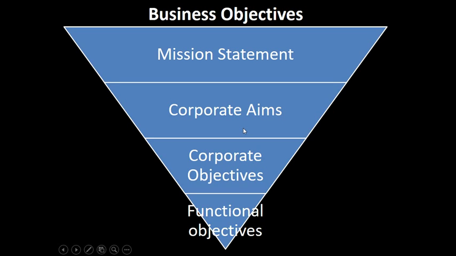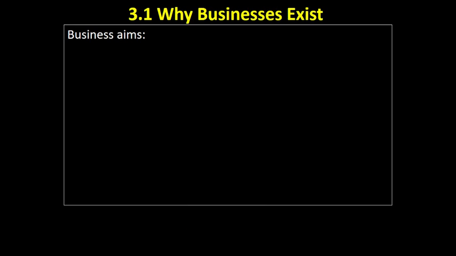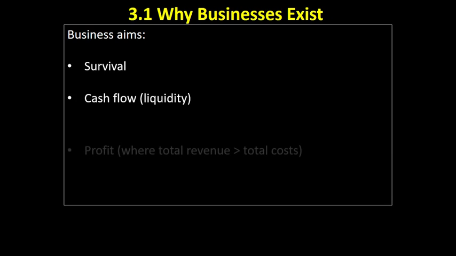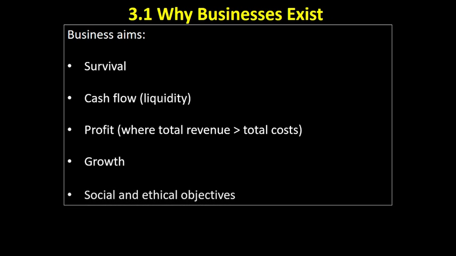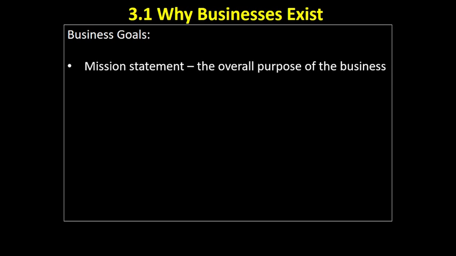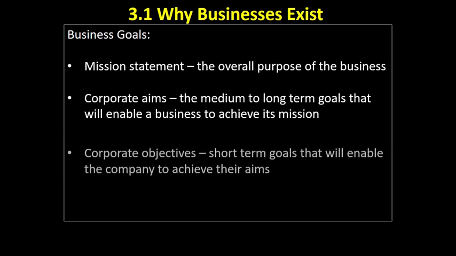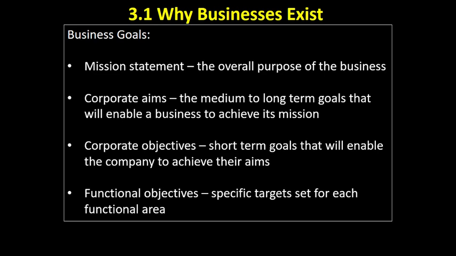And so how do we do this? Well, we break our mission statement down into some aims and objectives. These are the common business objectives that AQA identify, and I've talked through these in a previous video. Now, when I was taught A-level business, we were taught very specifically the difference between mission statement, aims and objectives.